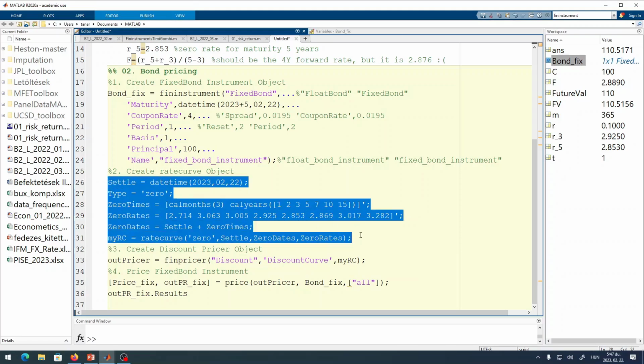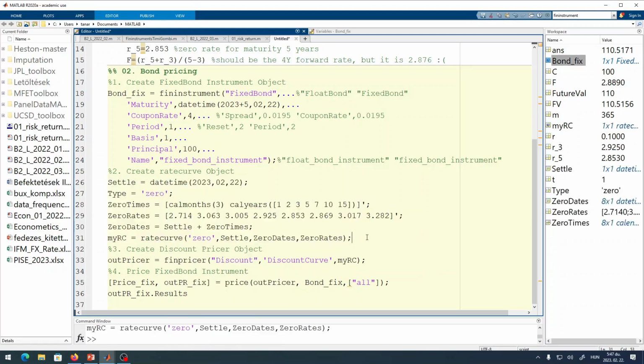After that we just have to execute this, so no further changes are necessary because the settle date and the zero times will be added together in a mysterious way, and after that the rate curve function will organize everything. If the inputs are not in an appropriate form, then the rate curve will not operate at all. So my RC.